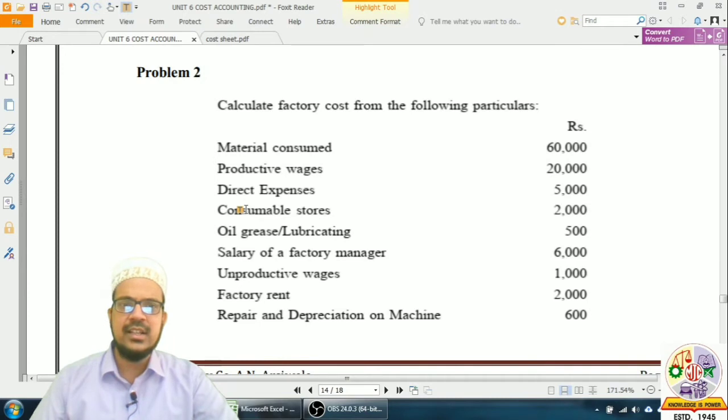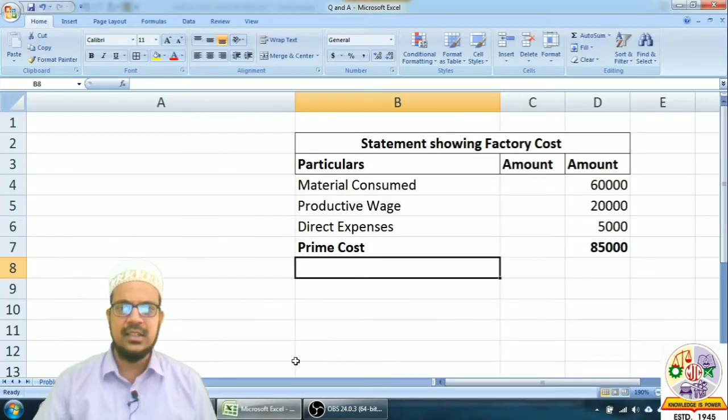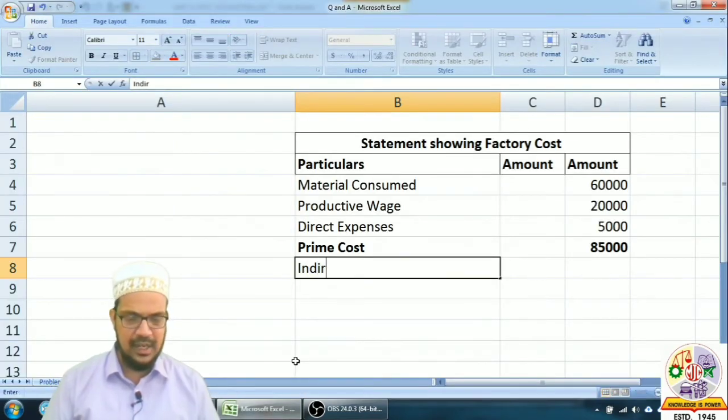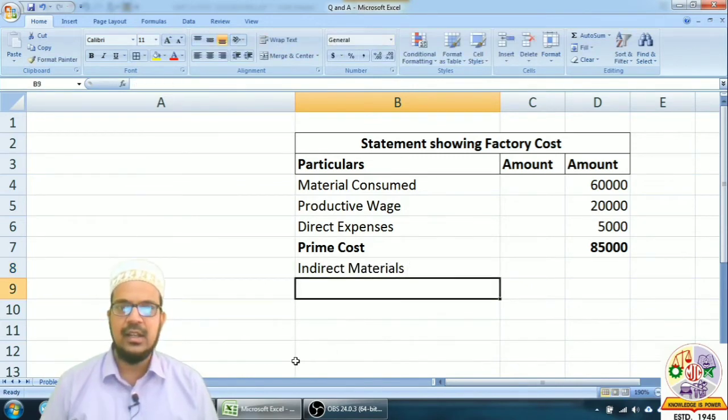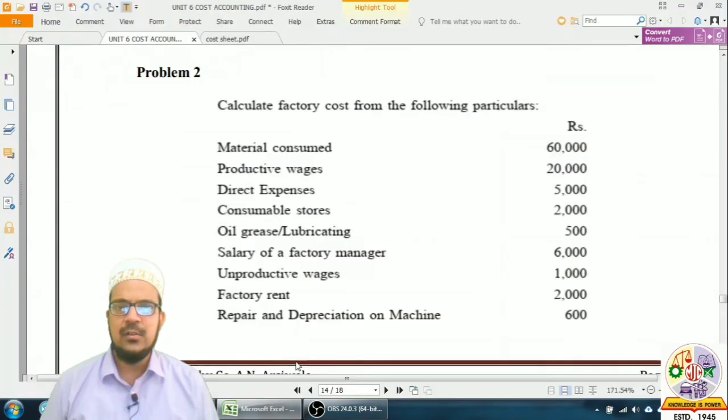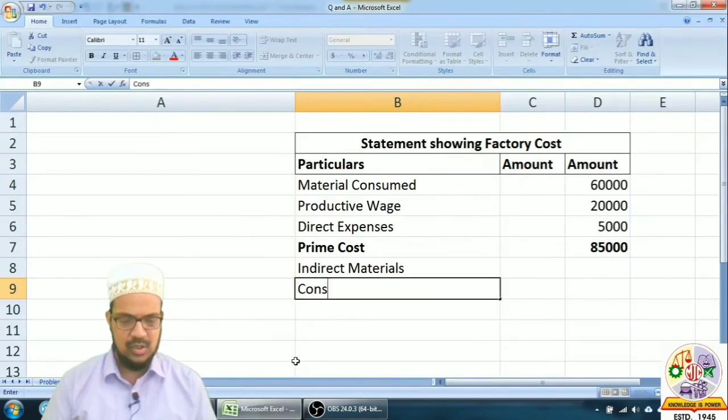These materials are not directly used in the end product, but they are used in the production process, hence they will be classified as indirect materials. So in the answer I will write indirect materials, and in the indirect material, first thing which I will be writing is the consumable stores.